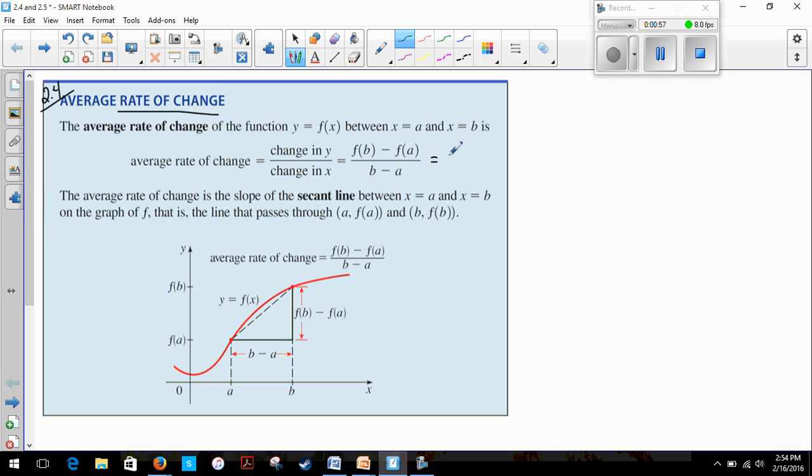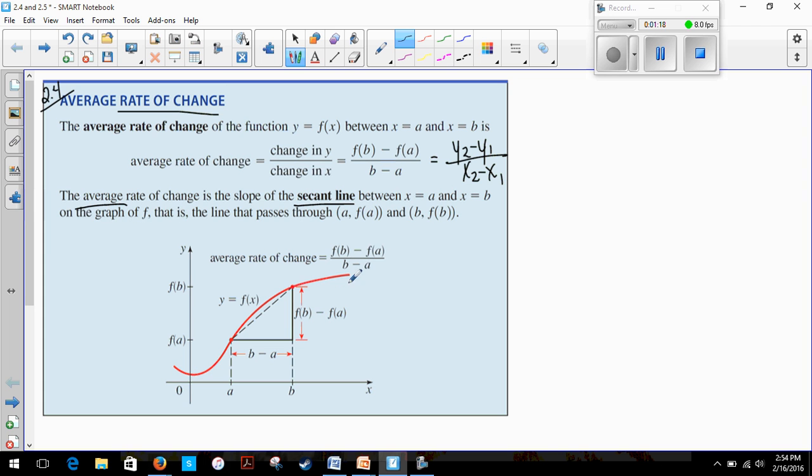And so normally when you see it written in an algebra course, it looks a little bit more like this. You're changing your y values over your change in your x values. We call it an average rate of change because we're going to be looking at something that is not a straight line, but we're going to draw in a straight line, and that's my secant line.